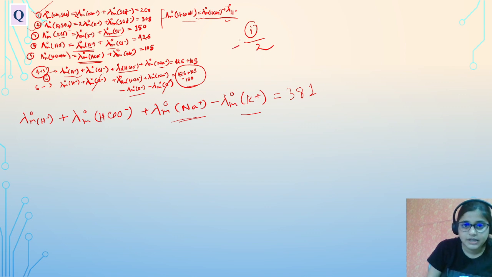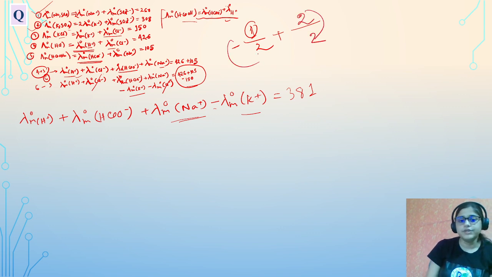So minus 1 by 2, and plus, because K plus is here, negative, after negative K plus is there, so we have to add the K plus value, and here again 2 is multiplied in the second equation. So we have to add this one.